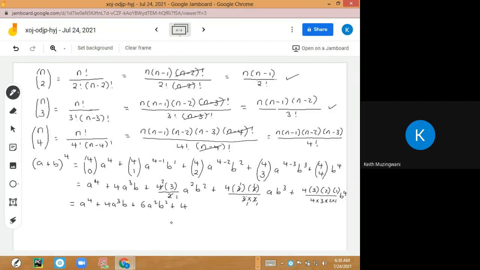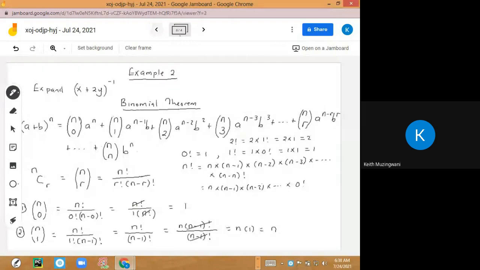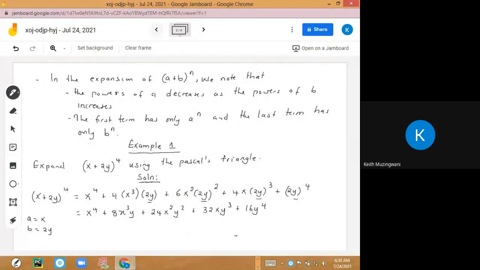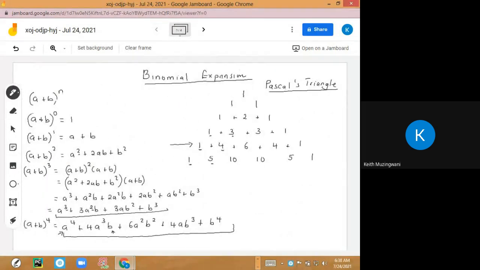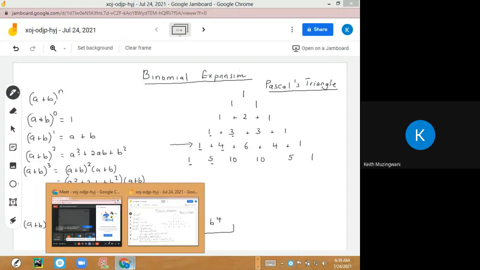So we get 4ab to the power 3, plus 4, 3, 2, 1 over 4, 3, 2, 1, so we just get b to the power 4. And for sure, this is the expansion that Pascal's triangle gave us. So remember, we had the expansion here: a to the power 4 plus 4a^3b.